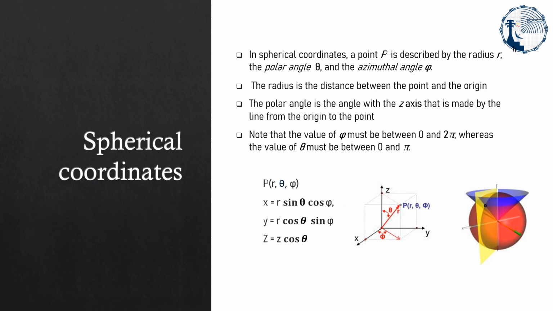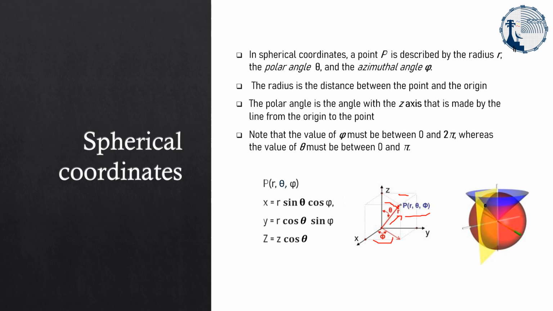Spherical coordinates. In spherical coordinates, a point P is described by the radius r, the polar angle theta and the azimuthal angle phi. The radius is the distance between the point and the origin. The polar angle is the angle with the z-axis that is made by the line from the origin to the point.